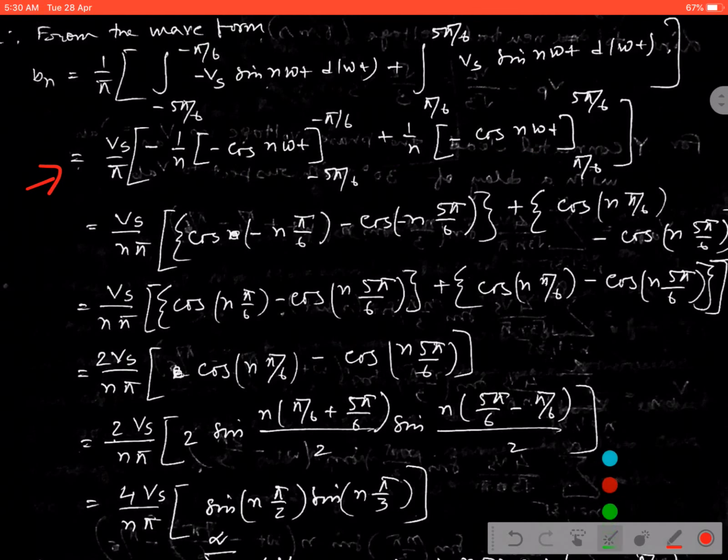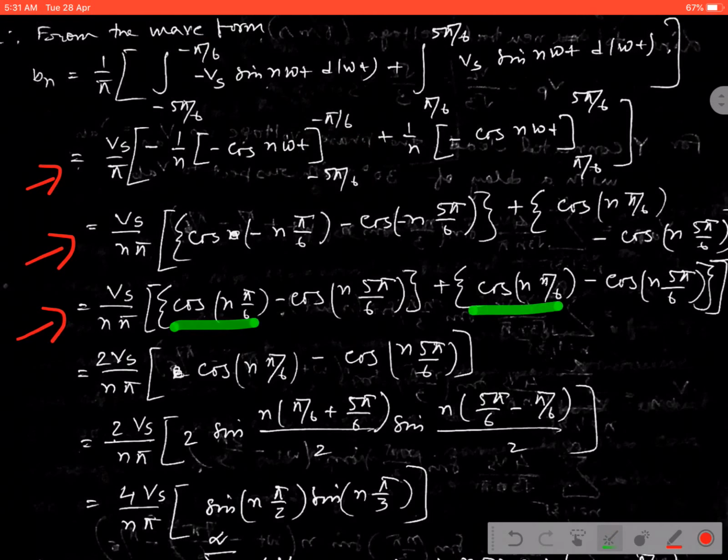After considering the upper limit and lower limit and simplifying, we will get this result.